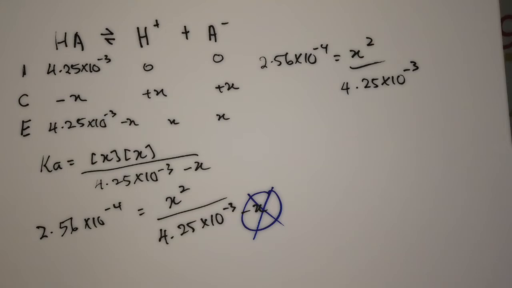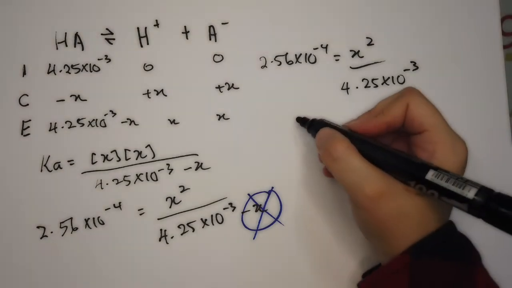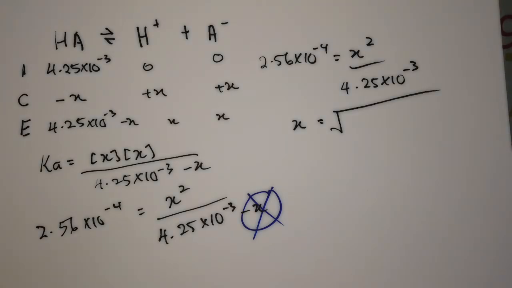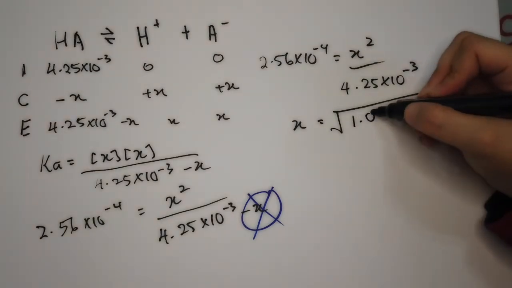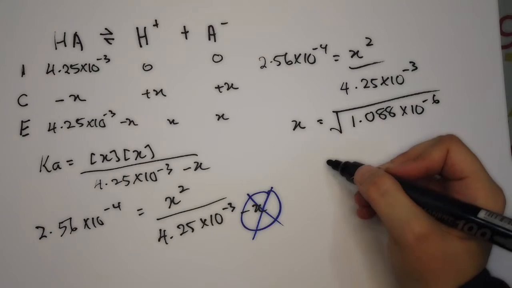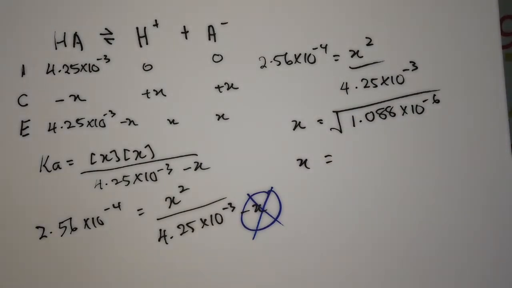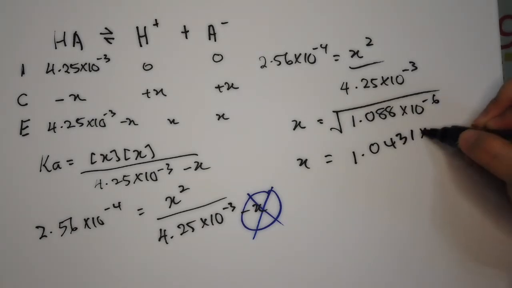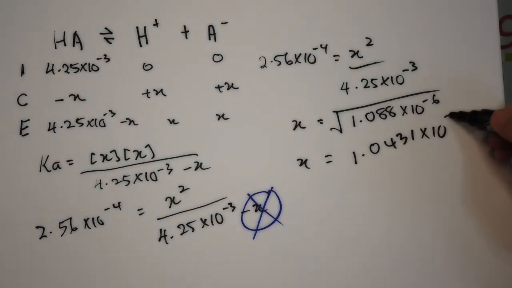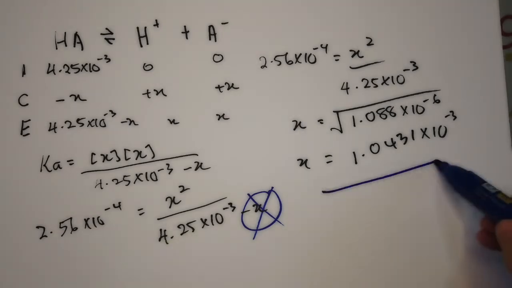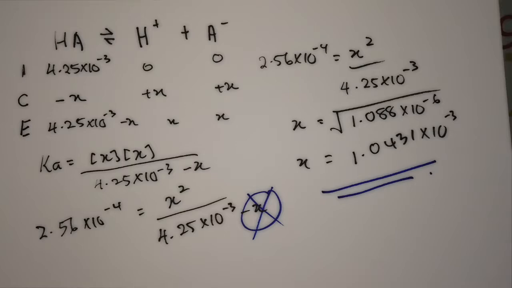Moving on, you should get the value of X equivalent to the square root of 1.088 times 10 to the power of negative 6. So you should get your X equivalent to 1.0431 times 10 to the power of negative 3. So this is the first section for this question.